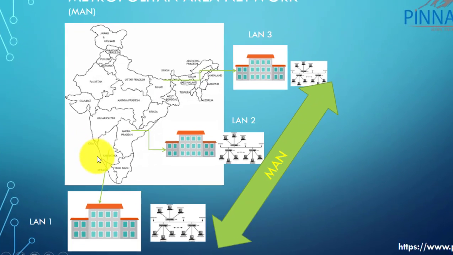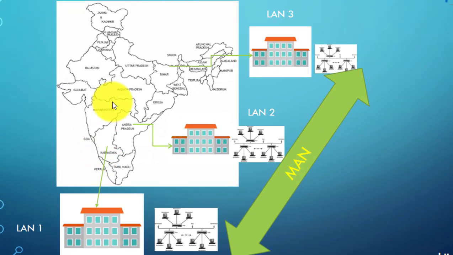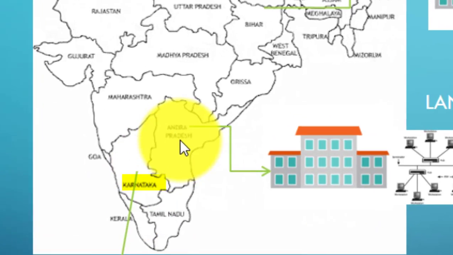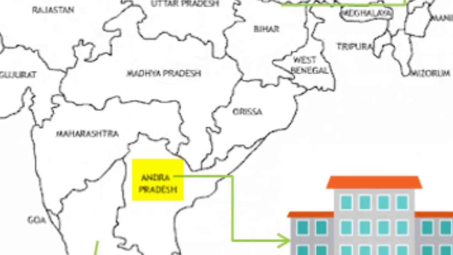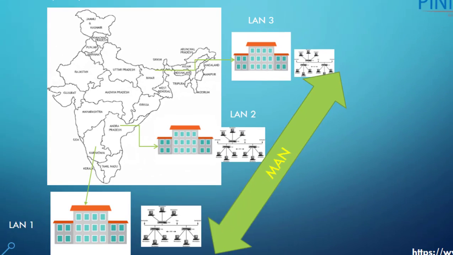We have taken 3 states into the picture here. I have Karnataka, Andhra Pradesh, and Bihar. The organization we are talking about may have branches in Karnataka, Andhra Pradesh, and Assam. In all 3 branches there would be local area networks.